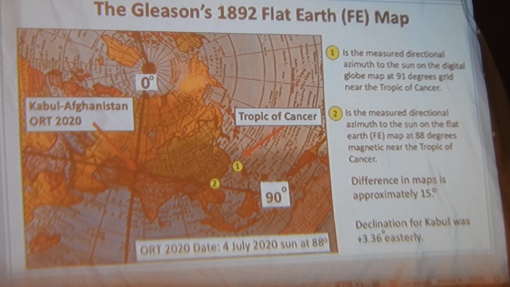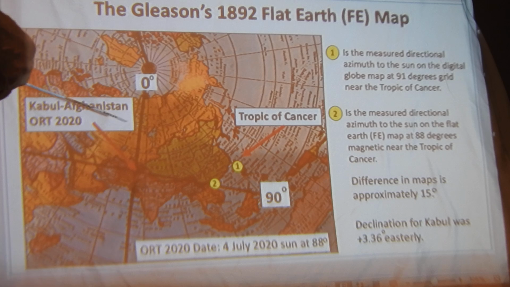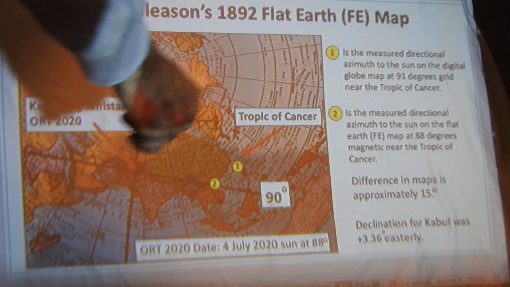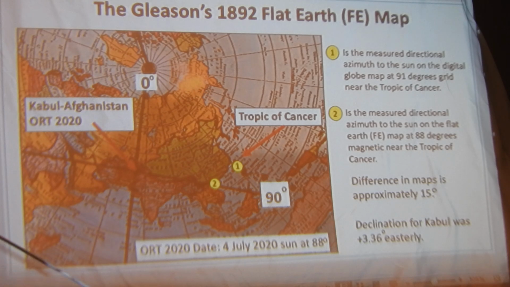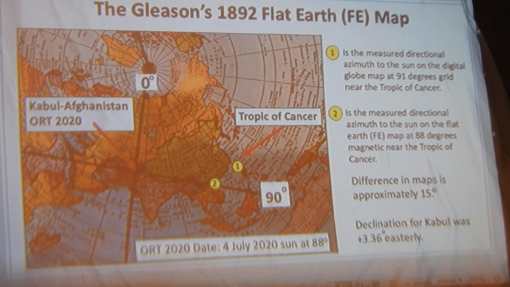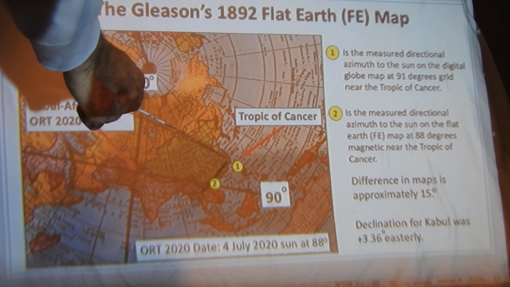We need to understand what the difference really means, and when I talk about that, we can take a sun plot. This is the flat earth model map. Sun position 1, we measured during OR2, or Operation Resolute Time, is a measured directional azimuth to the sun on a digital globe map at 91 degrees. So what we did is show what it looks like on the globe map, where the 91 degrees would be here.